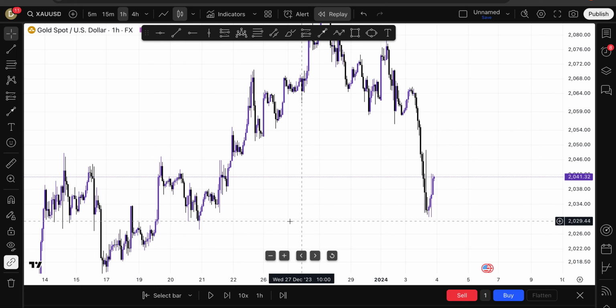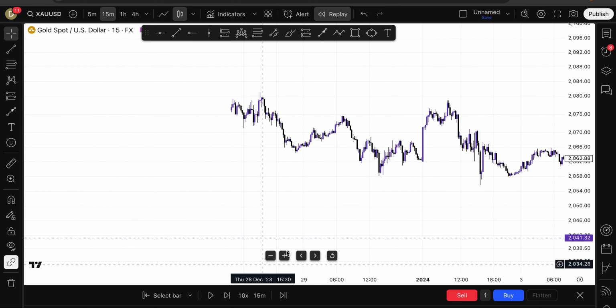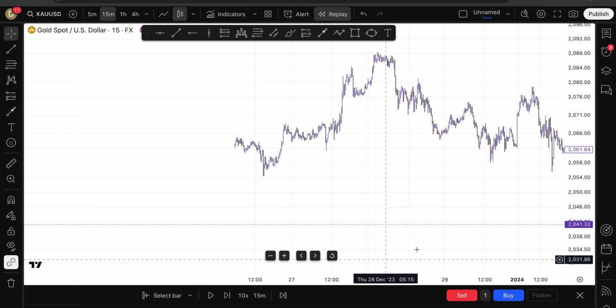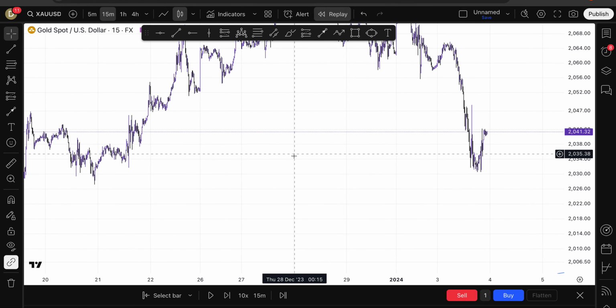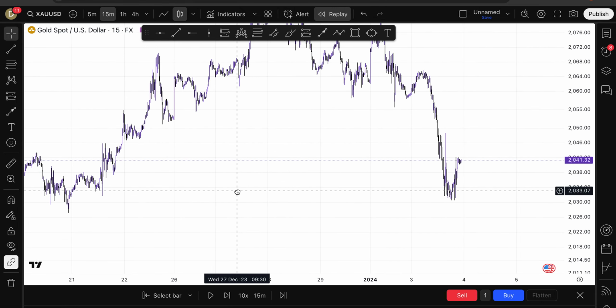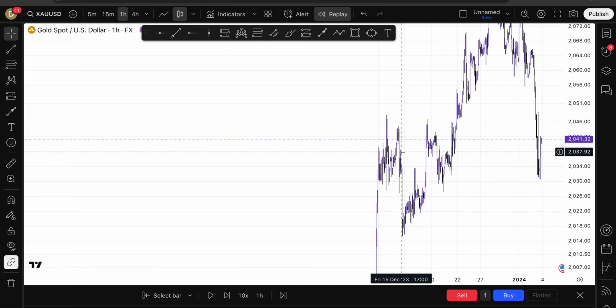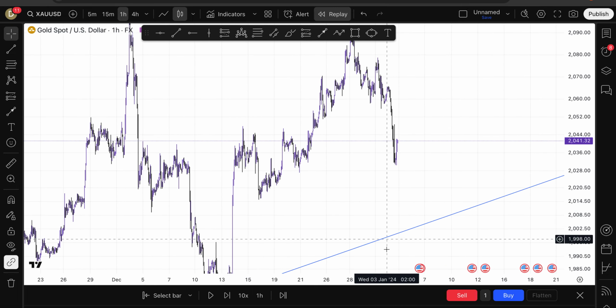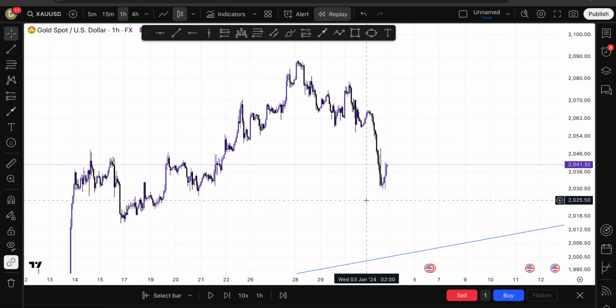Seems like a party just started. So let's take a look at this 1 hour time frame very well, whether we receive structural liquidity.